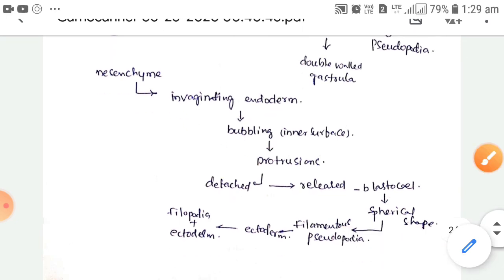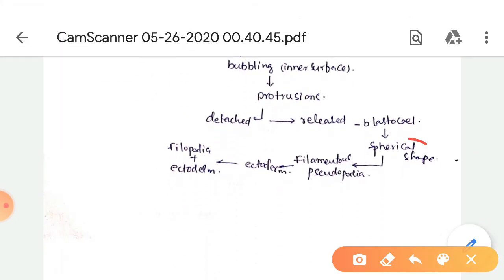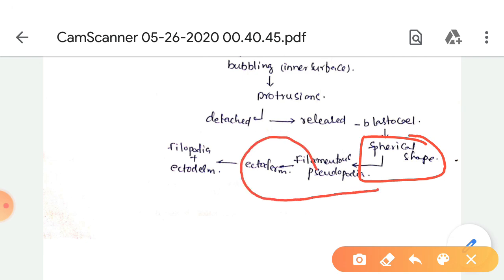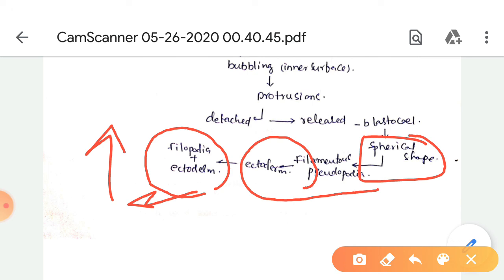When they reach the blastocoel, the cells are in a spherical shape, and after that they send out slender filamentous pseudopodia towards the inner surface of the ectoderm. The filopodia and ectoderm are attached firmly, and then the filopodia contract. As a result, the loose mesenchymal cells are drawn towards the inner surface of the ectoderm.